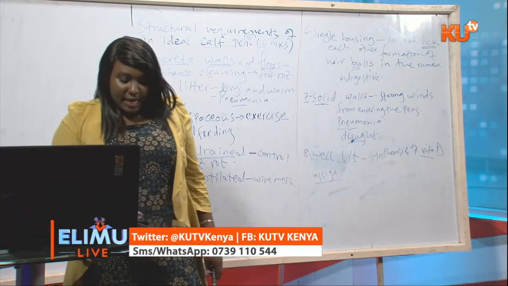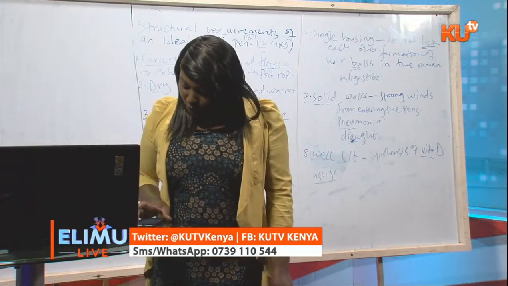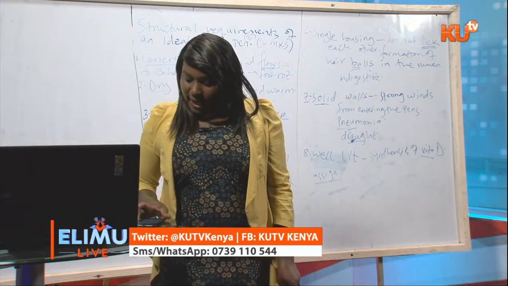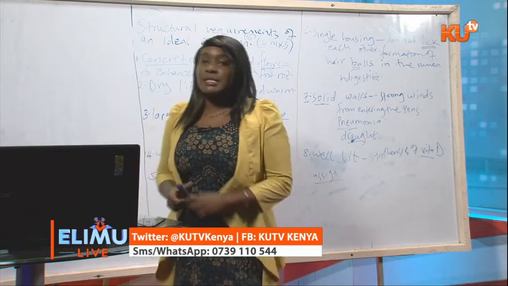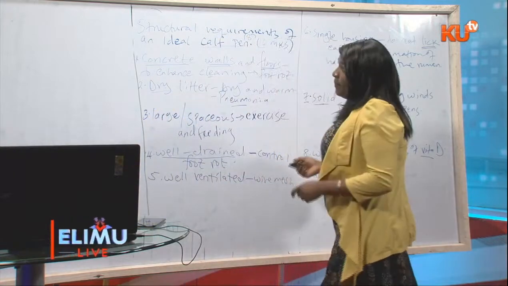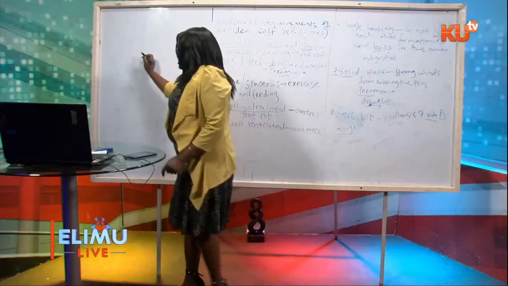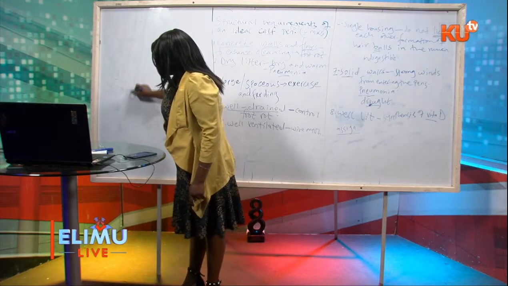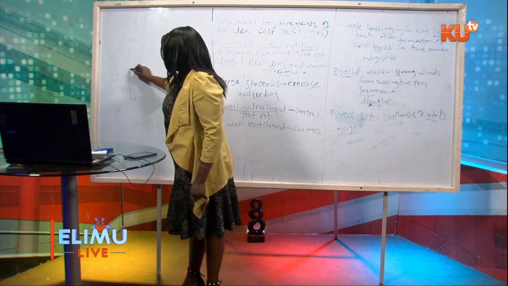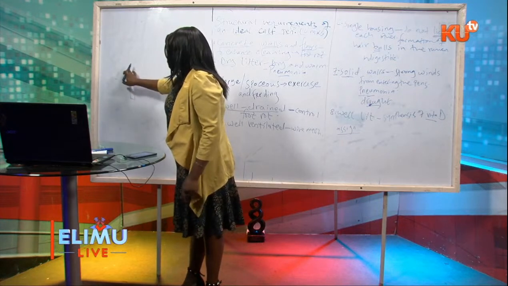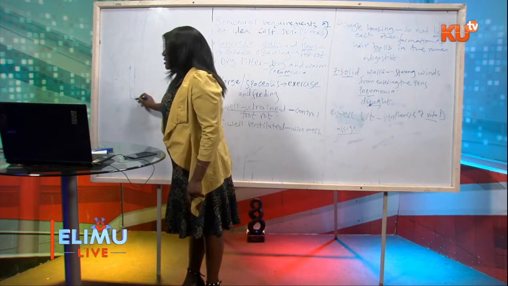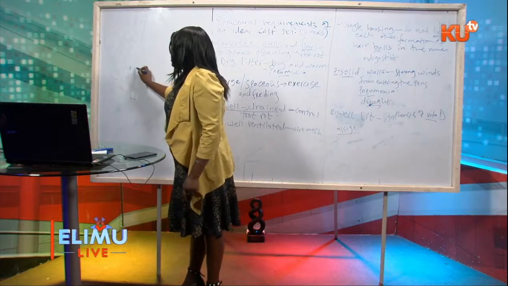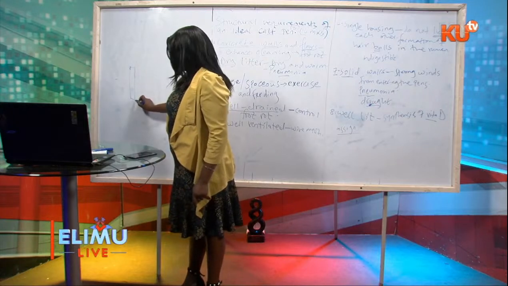Morning teacher. Millie asks, what height should the calf pen be raised to? A very good question, Millie. If you are planning a calf pen that is raised, especially the permanent raised ones, you should raise it from the ground.